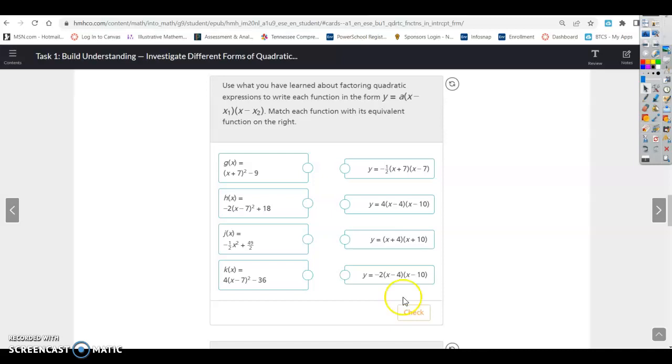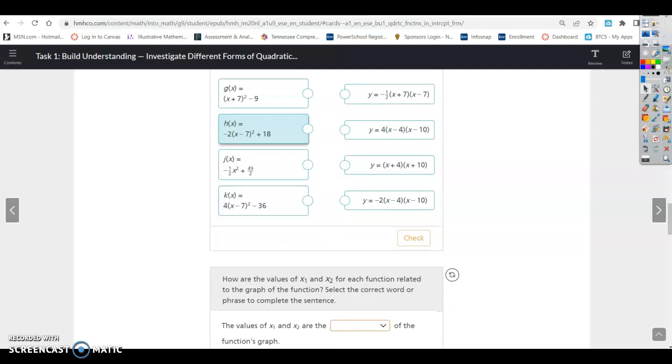All right, so again, what we would have to do is multiply the binomial squared and then add the -9 in and then refactor it. Okay, so to do that, you have to go through the steps to just multiply that out. So write this in standard form and then refactor it, basically, is what you're doing.